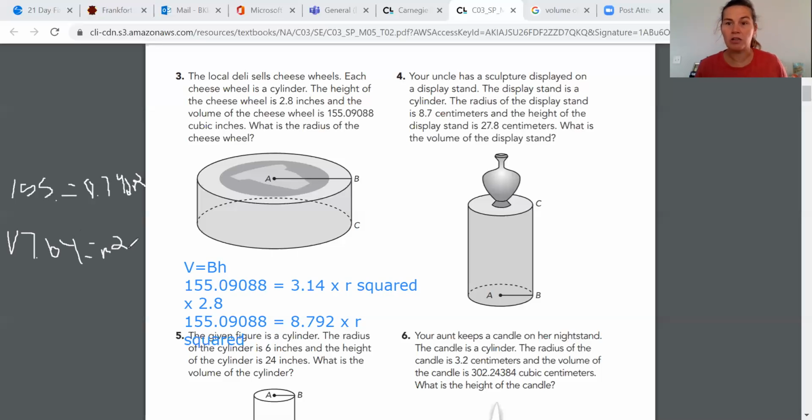So now to isolate r and just get the radius, I need to take the square root of both sides. I know that the square root is going to be somewhere in the realm of 4, because I know that 4 squared would give me 16.